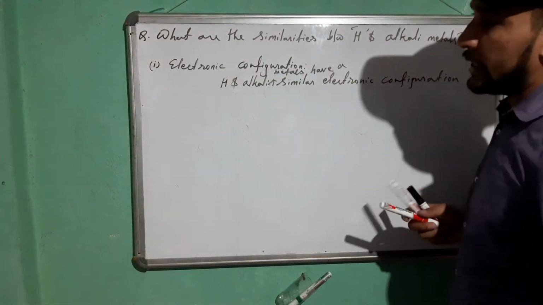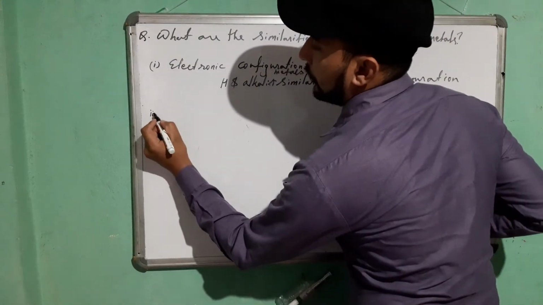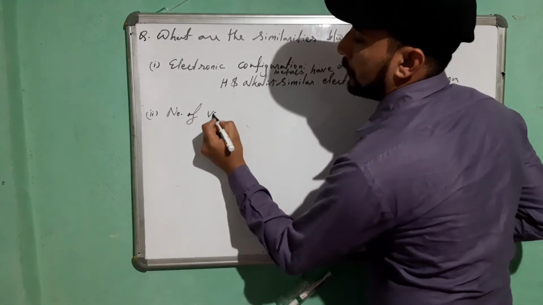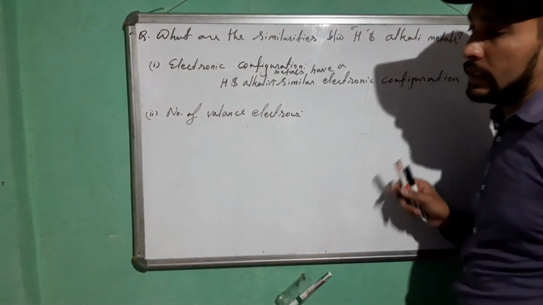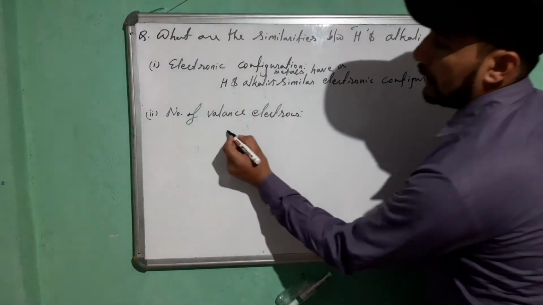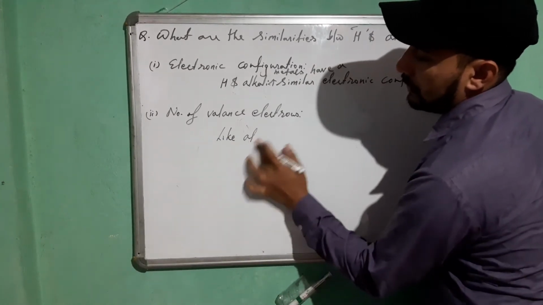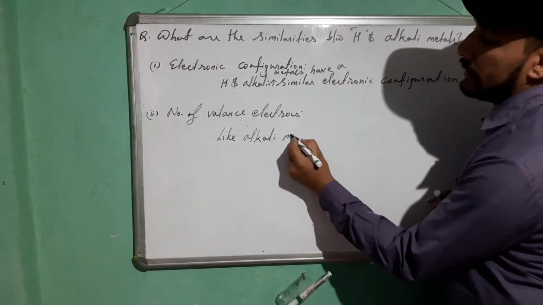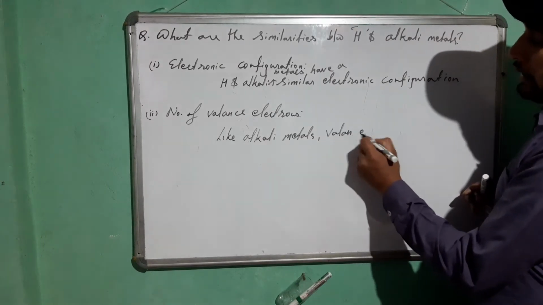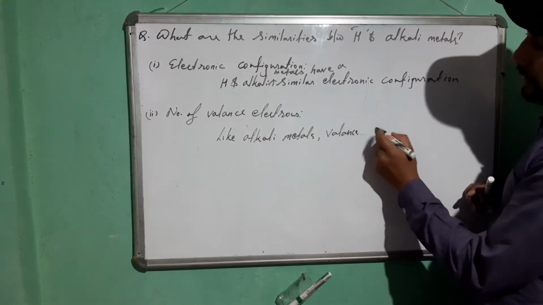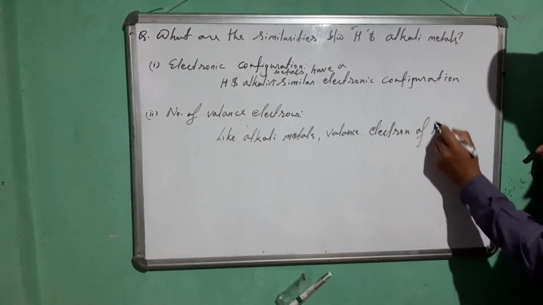Number 2, second similarity between hydrogen and alkali metals is number of valence electrons. Like alkali metals, the valence electron of hydrogen is 1.